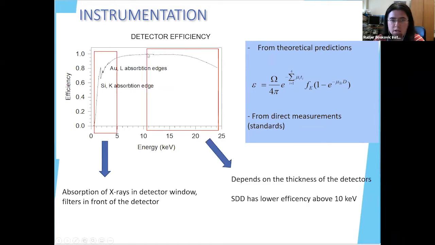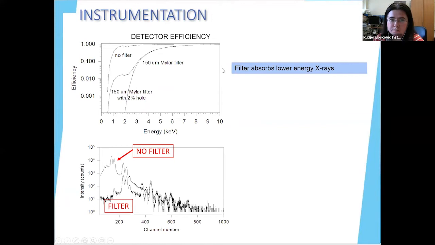The higher energy part will depend on the thickness of the detector. For example, in SDDs, which are thinner detectors, this curve will drop because their efficiency is much lower in this region. So instead of going like this, in SDDs it will already drop here, around 10 keV.